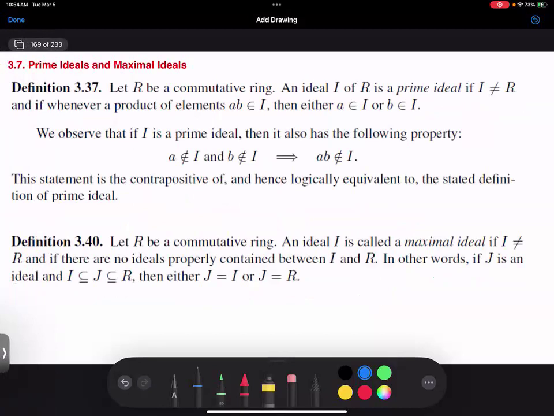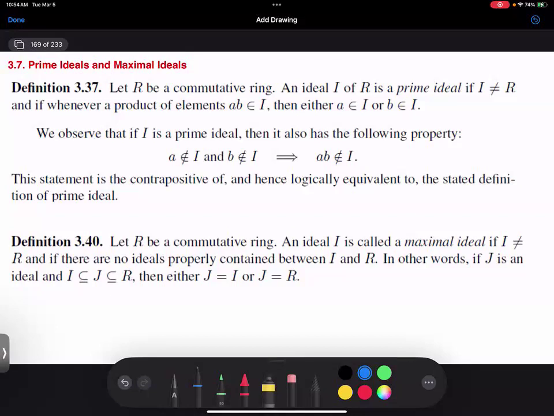So let R be what type of ring? Commutative. I'm probably not going to be able to get that by you twice in class. R is going to be a commutative ring. An ideal I of R is a prime ideal if I does not equal R, and whenever we have a product of two elements, A times B is in the ideal, then either A is in the ideal or B is in the ideal.